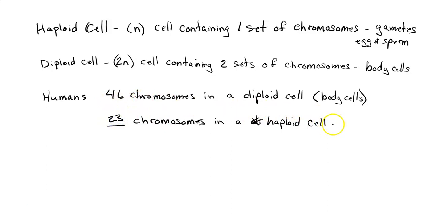So when your body and my body are making eggs and sperm, we are reducing the number of chromosomes to half. So these are in gametes. So meiosis creates gametes. And that should be all you need for this particular topic. So if you have any questions, let me know.